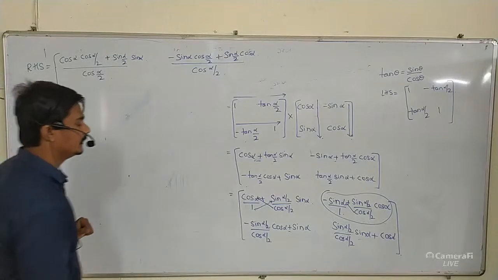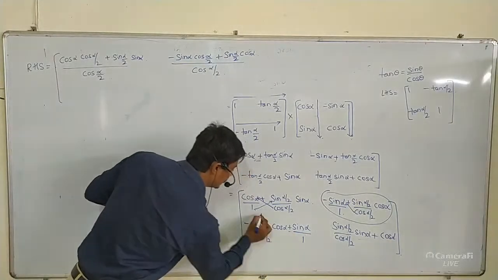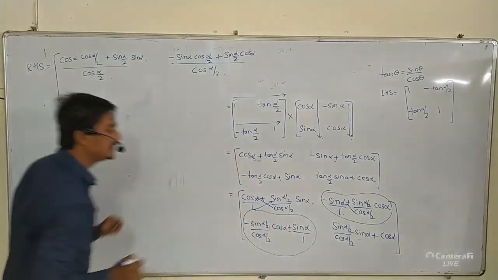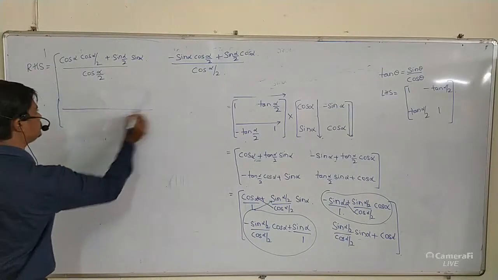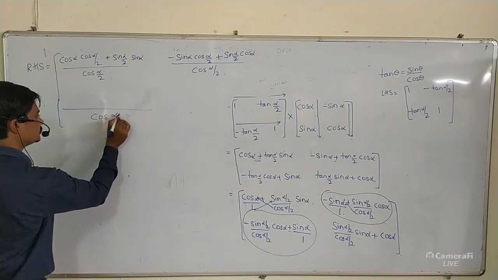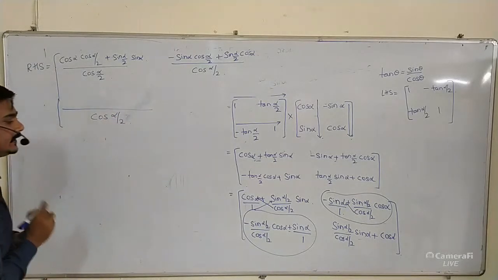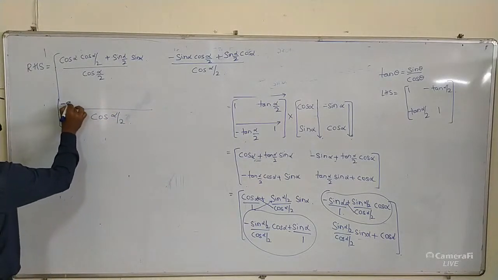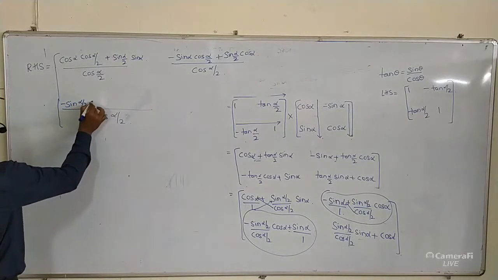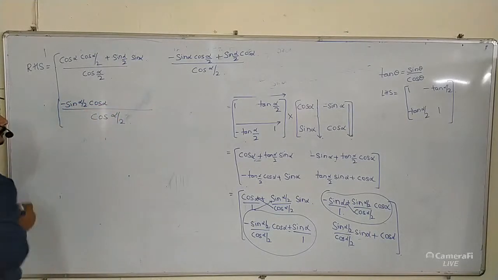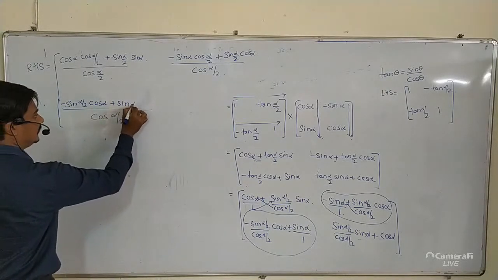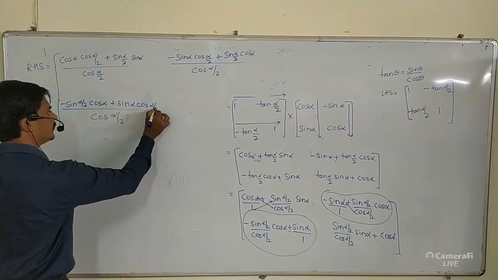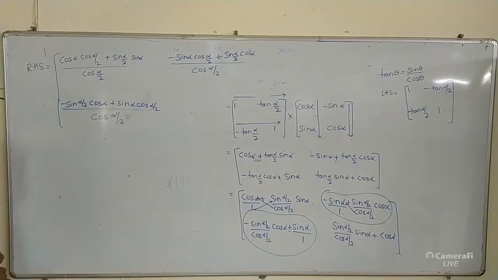Right? Okay. Here also take LCM. What is LCM? Cos alpha by 2 is our LCM. So if I take cos alpha by 2 as LCM, the numerator becomes minus sin alpha by 2 into cos alpha plus sin alpha into cos alpha by 2.